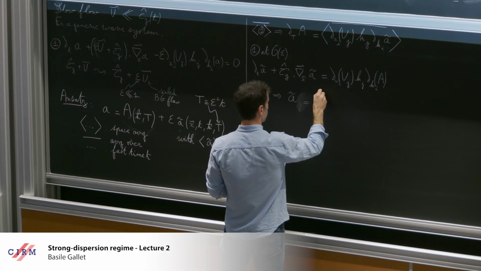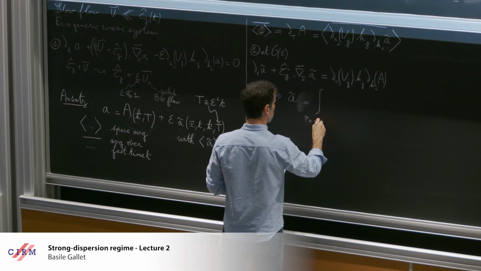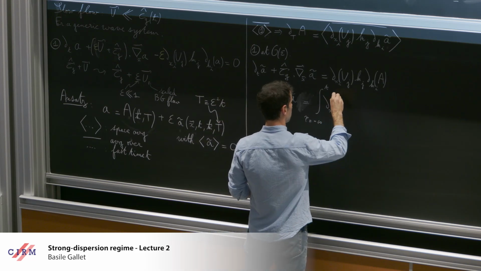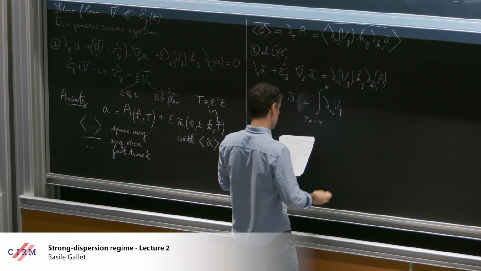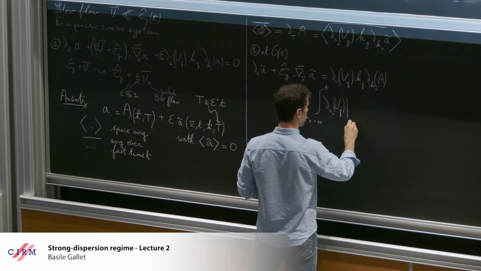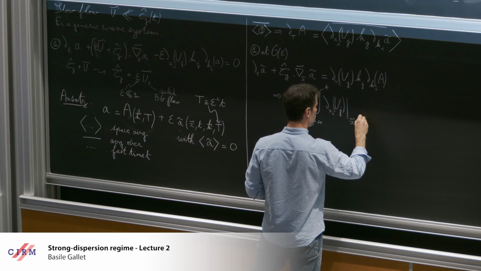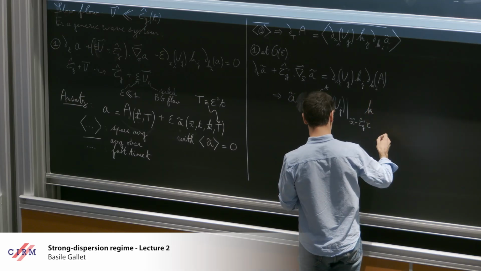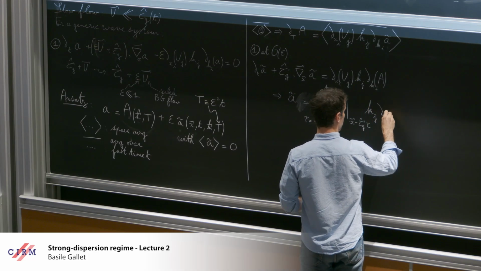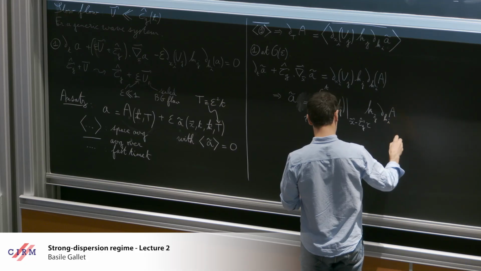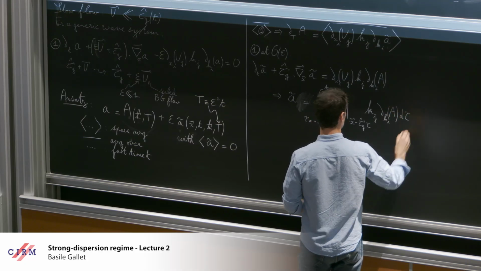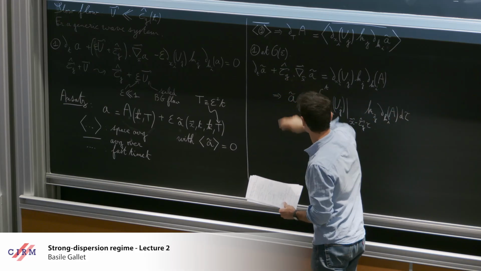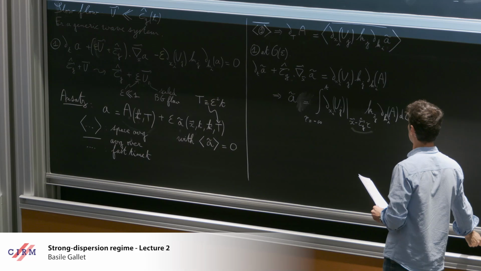This will be the integral from minus infinity to t of the dxi uj evaluated at x minus cg tau, and then kj dki of A d tau. Okay, so you're integrating this thing, but this is propagation at velocity cg, so you have to evaluate it at x minus cg tau.